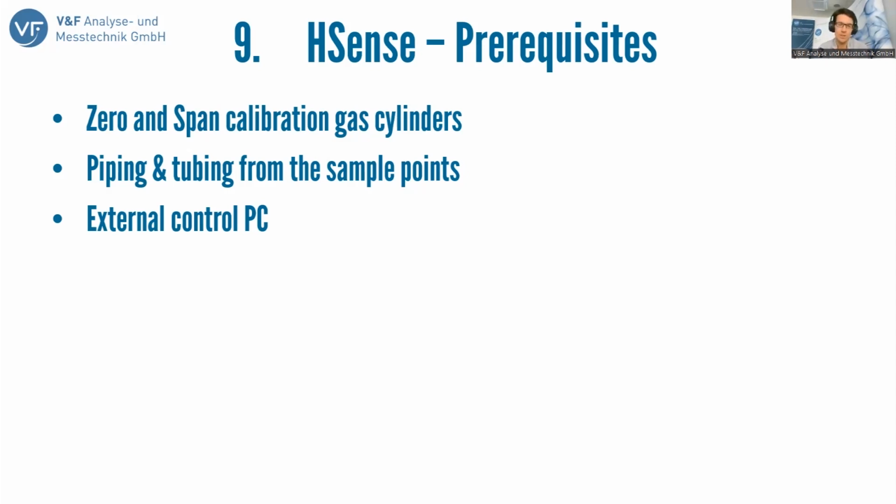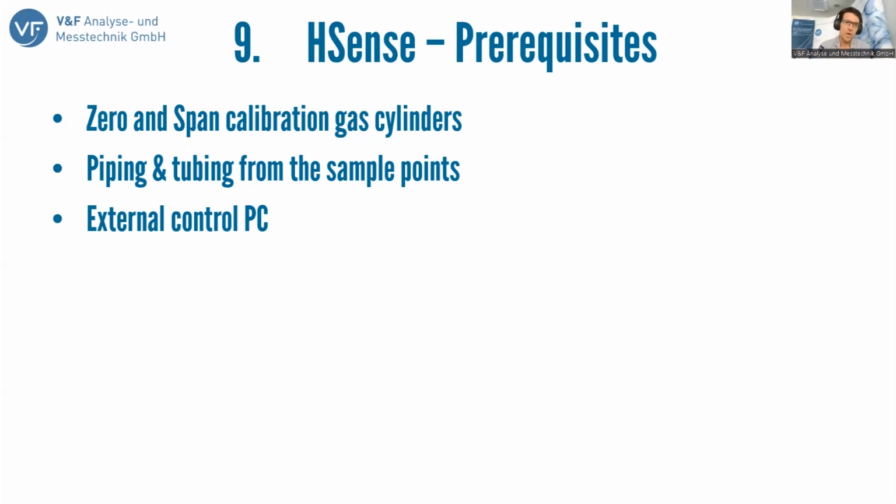I will show this just in a minute. So the instrument can be calibrated by the customer according to certified calibration gas cylinders. We typically use nitrogen as a zero gas and a certain known concentration of hydrogen in nitrogen in order to do the sensitivity calibration of the instrument.